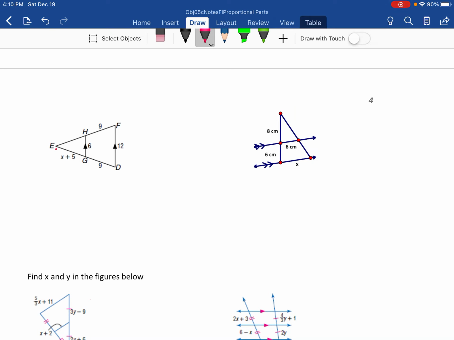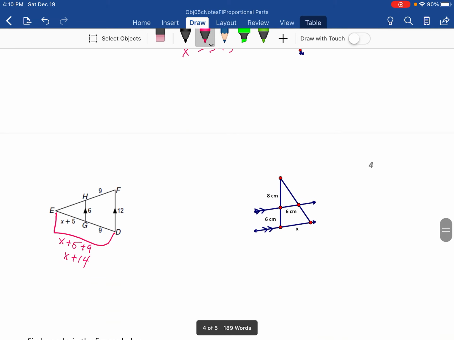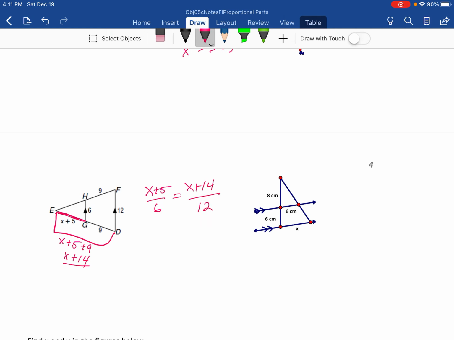So what you need to do with this is add the parts. So this is going to be X plus 5 plus 9, which is X plus 14. Now I can write it, because I'm not comparing the top and the bottom, I'm actually comparing the triangles. It's going to be X plus 5 over 6 is equal to X plus 14 over 12.